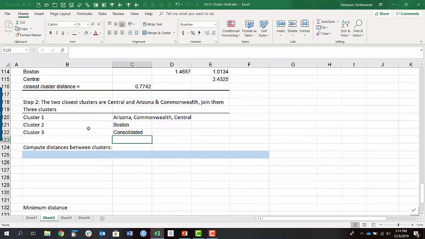Now once again you have to repeat the step and do the next joining.